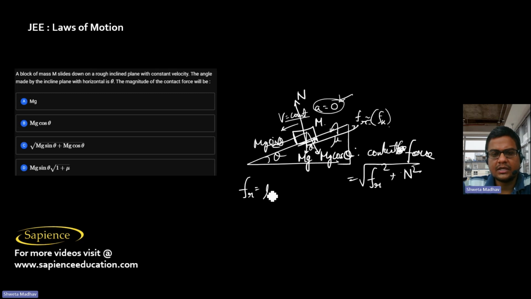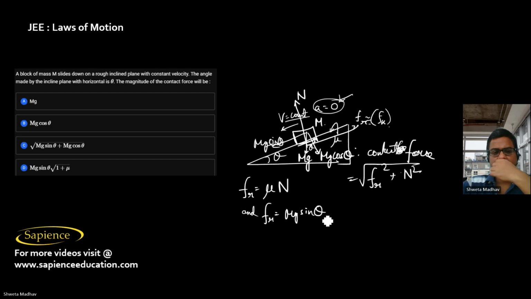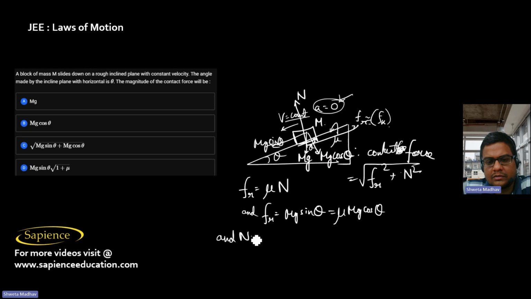So the friction will be mu times N, and the frictional force is equal to mg sin theta. It will be equal to mu times mg cos theta. And also the normal reaction will be mg cos theta only.